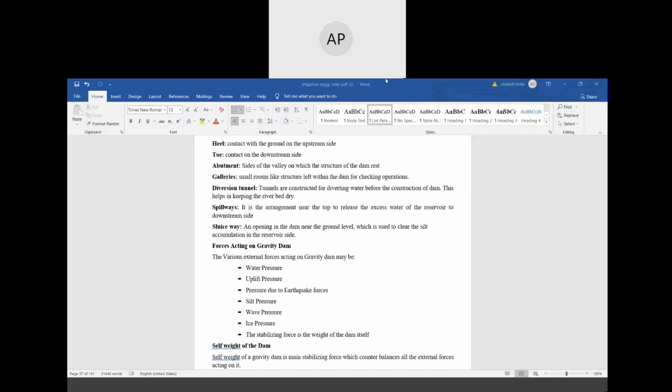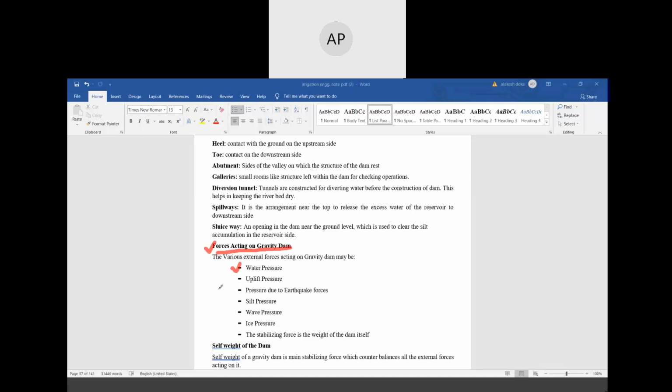Another important point is the forces acting on a gravity dam. For design purposes, we need to know what forces act on a gravity dam. First is water force.